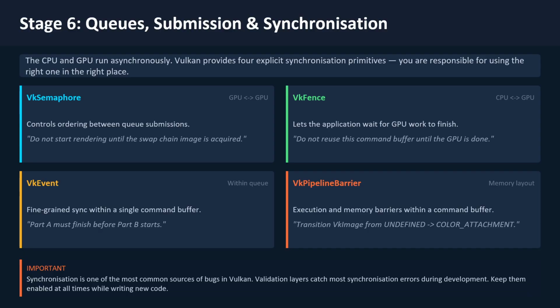The CPU has fewer cores, whereas the GPU has a lot of cores, in the thousands. So they work asynchronously.